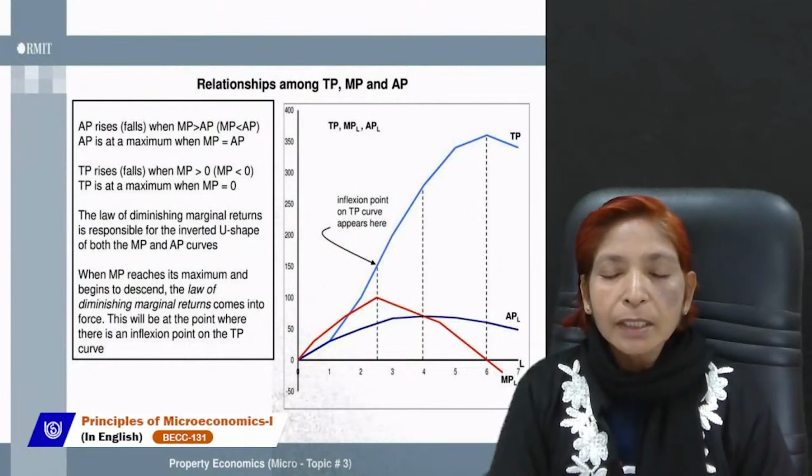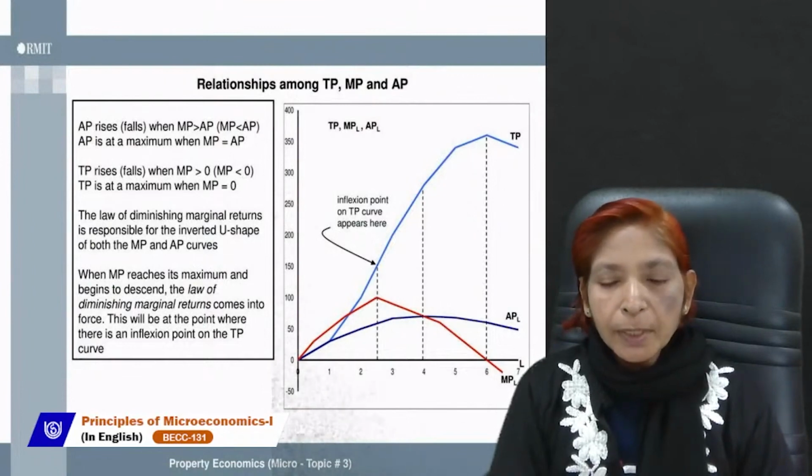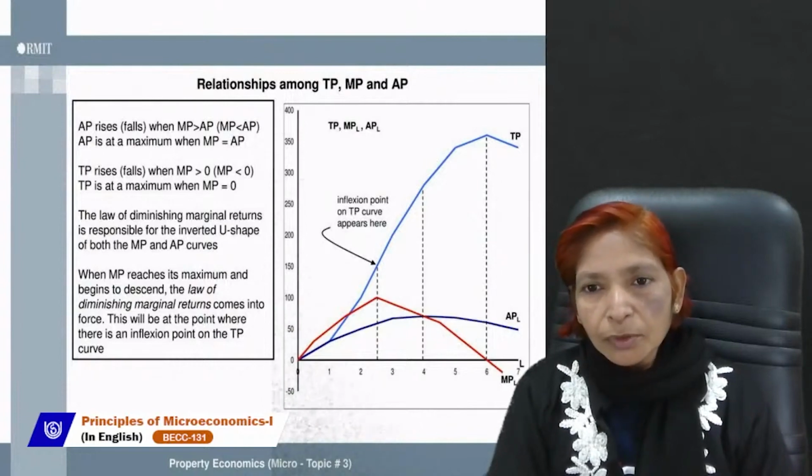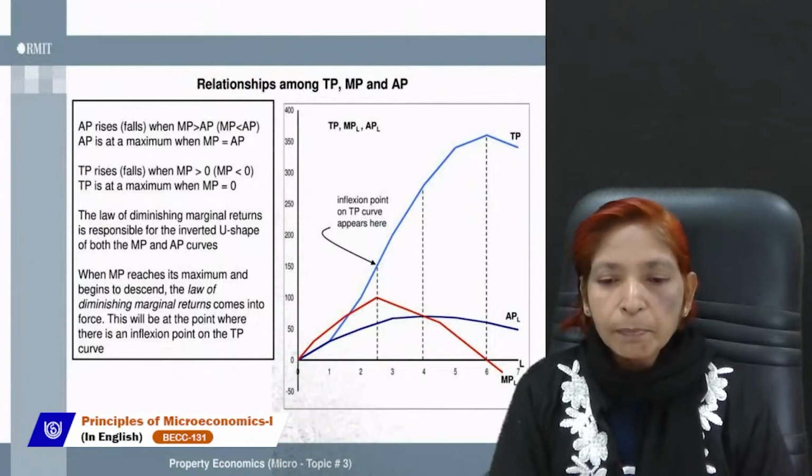MP's formula is delta TP upon delta Q. So AP and MP are based on TP. When TP increases, then AP and MP will also rise. When TP becomes maximum or constant, then MP will become 0.